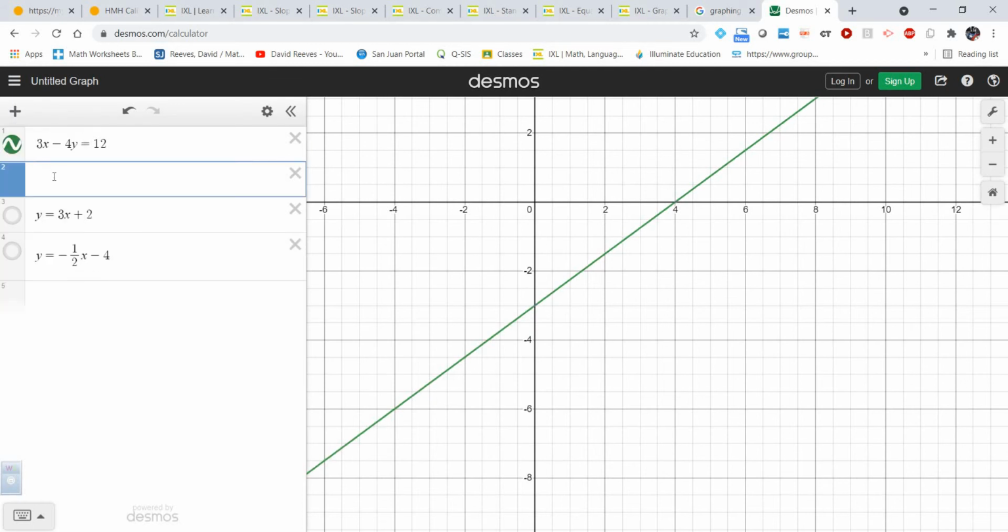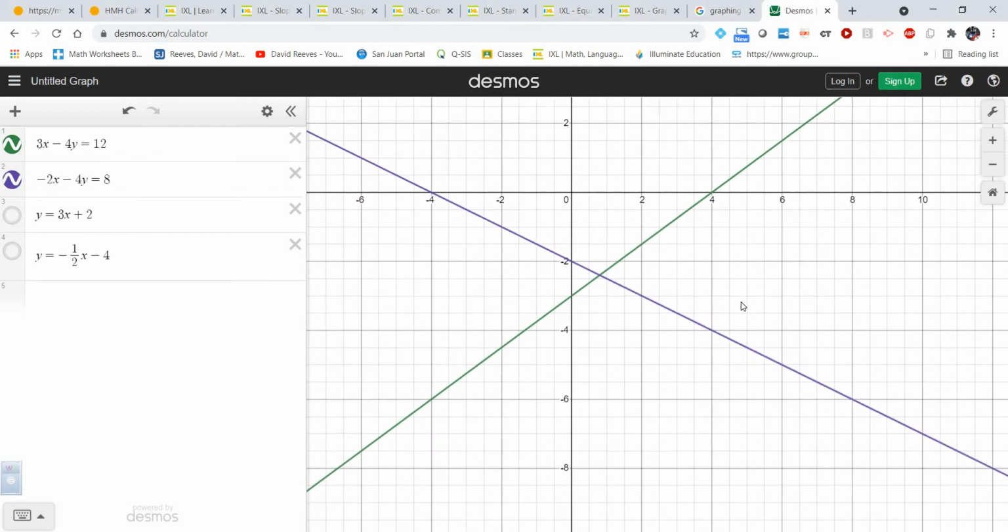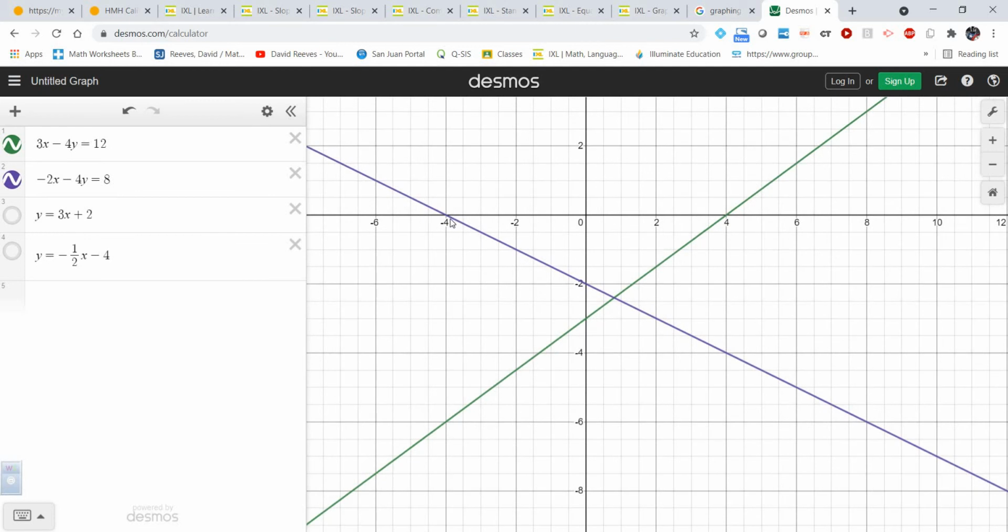All right, let's do one more in standard form. What about negative 2x minus 4y equals 8, say. Whoops, negative 2x minus 4y, excuse me, I missed that right there. Again, we're going to focus on these intercepts. When you want to find the y-intercept, you put in 0 for x.